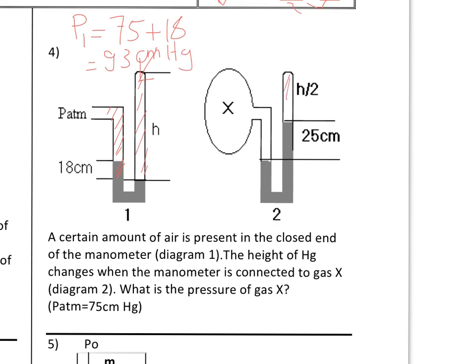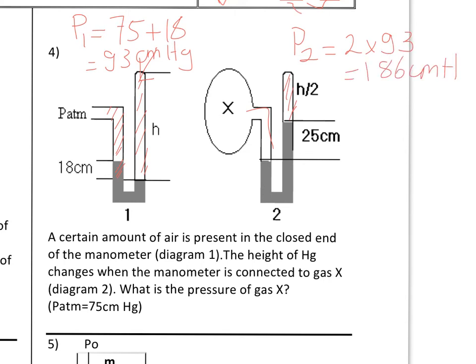As we can see in the second diagram, the same gas has half the volume because it has been squeezed or compressed by the pressure exerted by gas X. So because its volume is 1/2, its pressure should have doubled. So in the second diagram, the same gas is making 2 times 93 centimeters mercury pressure, which is 186 centimeters mercury.